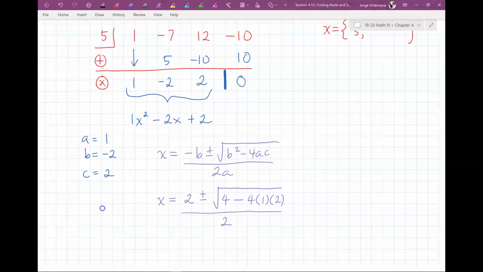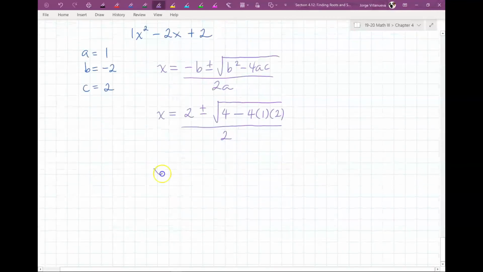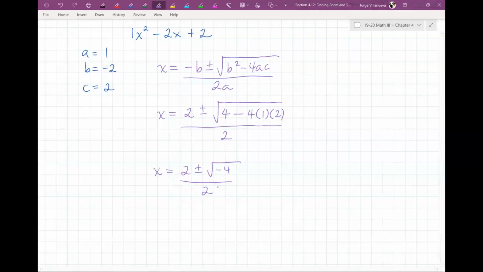So I'm going to get a -4. So 2 plus or minus the square root of -4 over 2. Imaginary numbers or complex numbers always come in pairs, right? So there's going to be 2 because you can see plus or minus, right? That's how you get your 2.